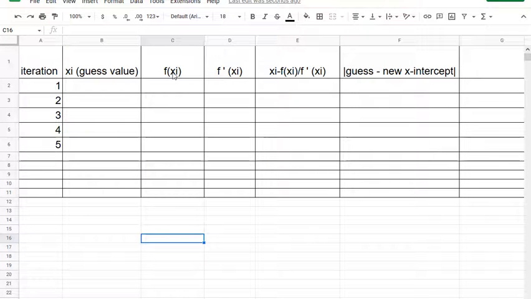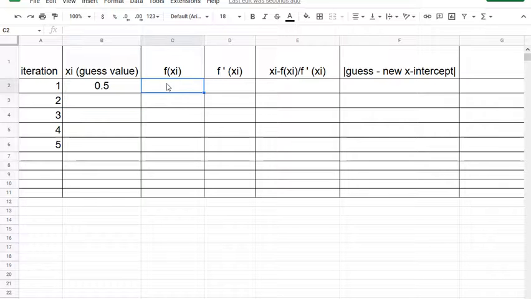And then next we have f of x sub i, and then the derivative at x sub i, and then x sub i minus f of x sub i divided by the derivative f prime of x sub i. And again, this is the x-intercept of the tangent lines. And in the last column, we want the difference between x sub i and the x-intercept. And recall that with the example we worked on, the initial guess value was 0.5.